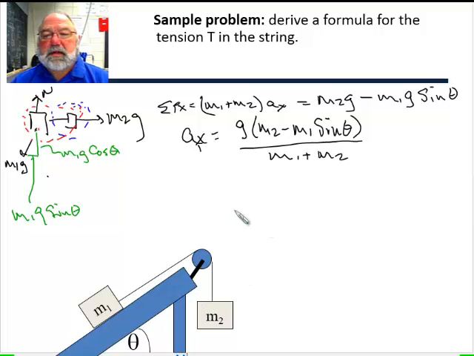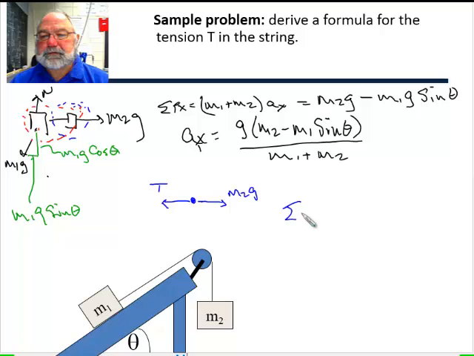I'll keep the same orientation that I had for the first part of the problem. Box 2 has a tension from the cable, pointing in the left x direction, and it has its weight, m2g.